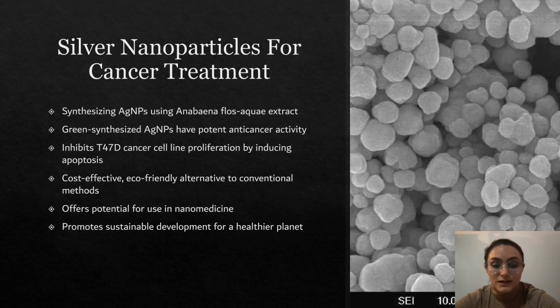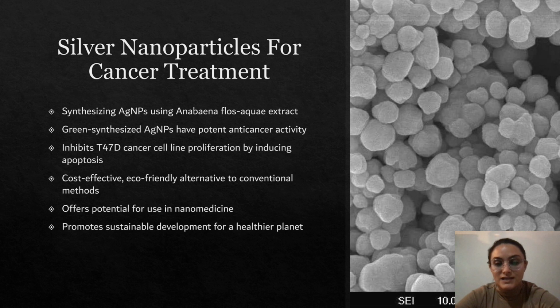In the study titled "Silver Nanoparticles Biosynthesized by Anabaena flos-aquae Enhance the Apoptosis in Breast Cancer Cell Line," researchers explored the potential of using silver nanoparticles as a treatment for breast cancer. The study found that silver nanoparticles can be synthesized using Anabaena flos-aquae biomass extracts in an eco-friendly and cost-efficient manner.